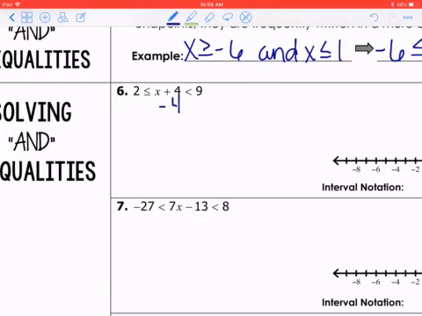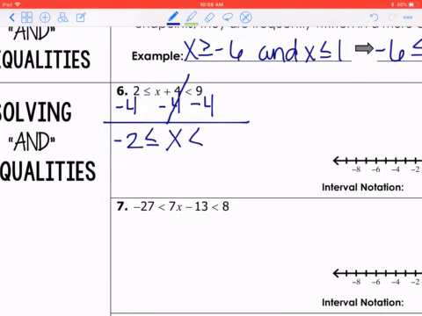Now instead of doing it on one side, I'm actually going to do it on this side and this side. So I'm going to subtract all 3 places. We know from past experience that those cancel. We know that 2 subtract 4 is a negative 2. Bring down your inequality. You're only left with your variable. And then we are also left with our other inequality and a positive 5.